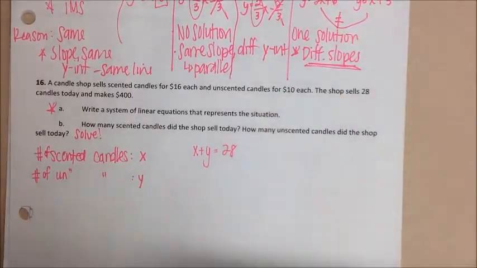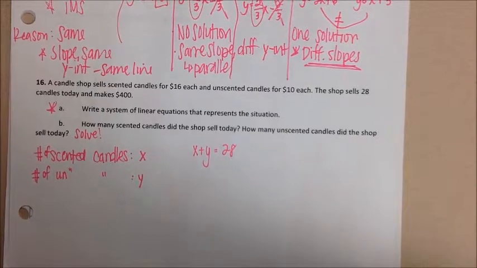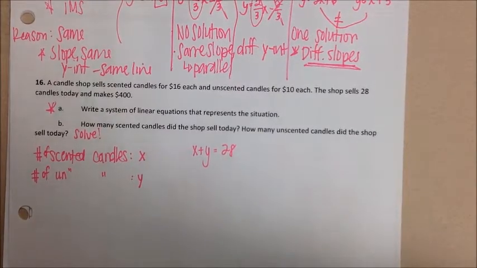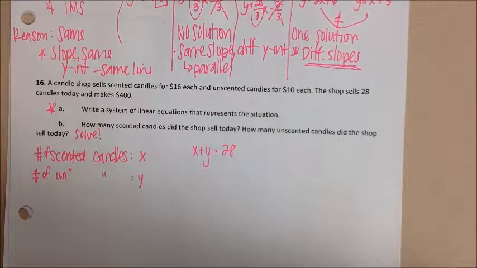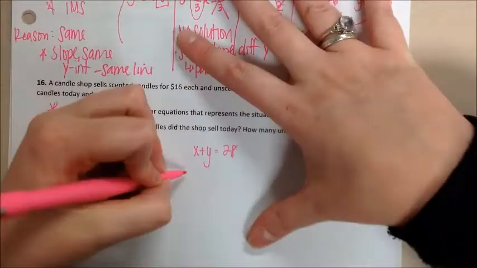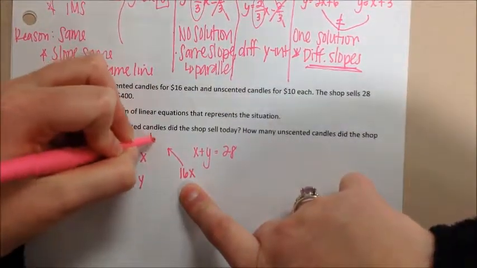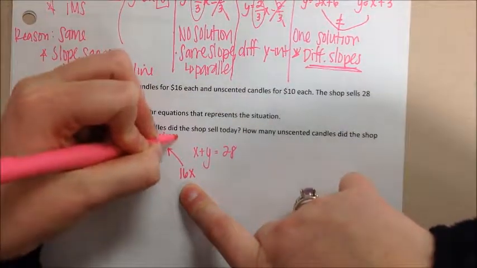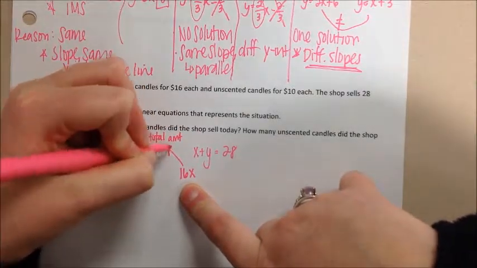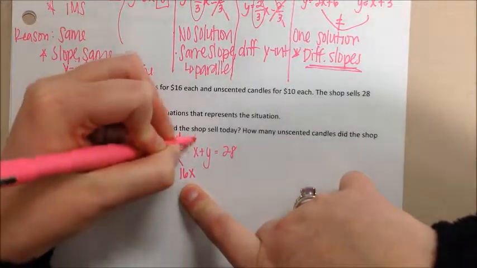Okay, now, I don't know how many scented candles were bought or were sold, but if I did, I would multiply that number by 16 to figure out the total cost for the scented candles. But I don't know. I just know that the number of scented candles was X. So I'm going to do 16x, and that's the total amount from scented candles.